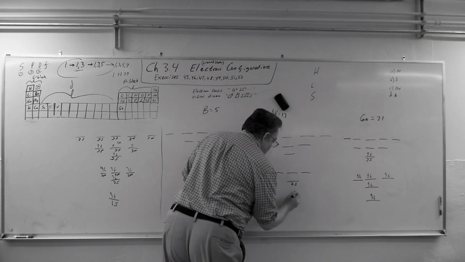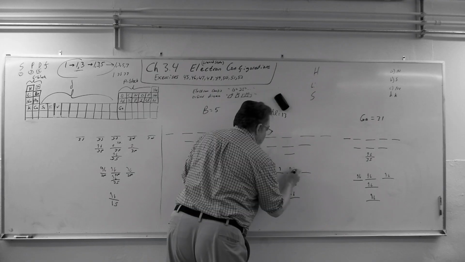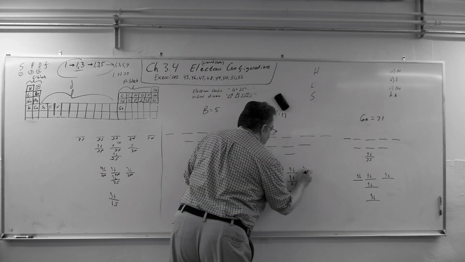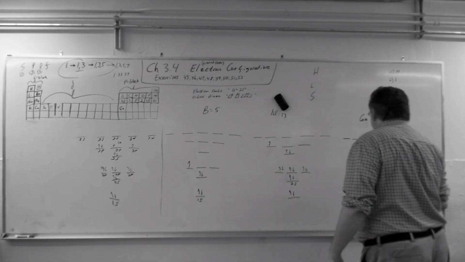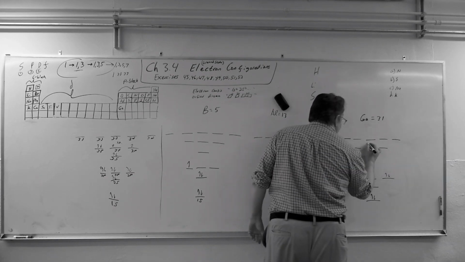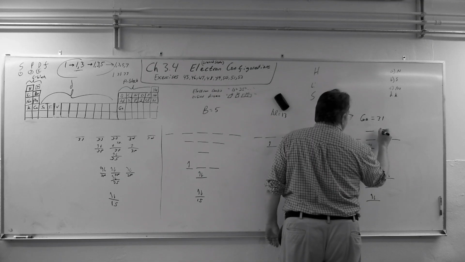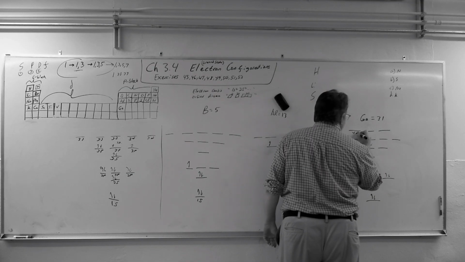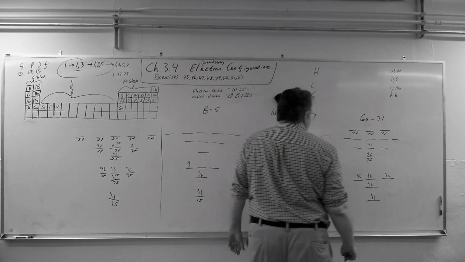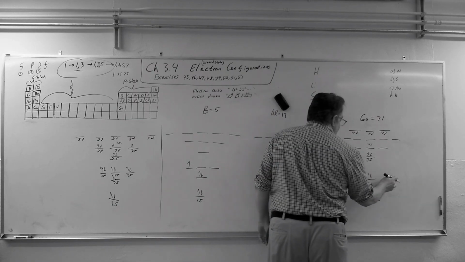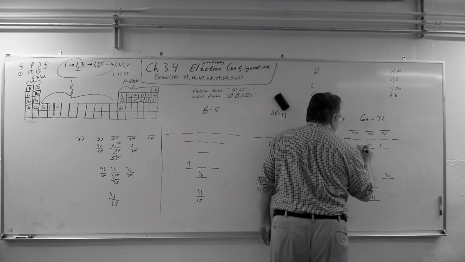1, 2, 3, 4, 5, 6, 7, 8, 10, 11, 12, 13. 4s is here. And then 4d is next. And gallium is 31. 2, 4, 6, 8, 10, 12, 14, 16, 18, 20.